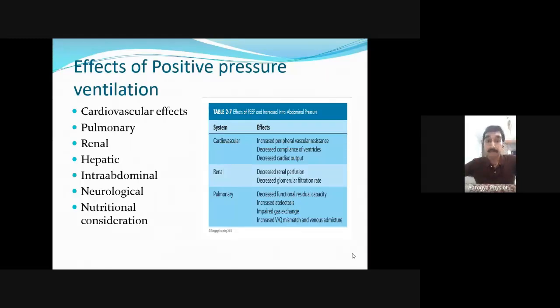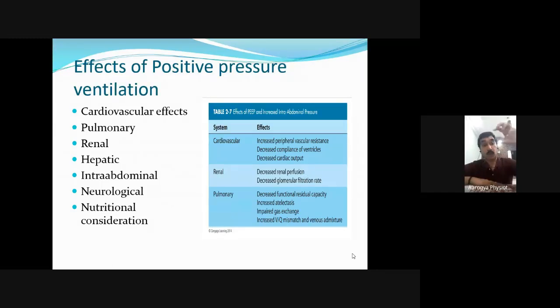In the abdomen, because of the increased positive pressure, there could be bowel edema, obstruction, ascites, and constipation. If the patient had an abdominal surgery, the problem doubles because in the upper abdominal surgeries, there are many diaphragmatic fibers which get cut, and then the muscle disuse atrophy increases in such patients.